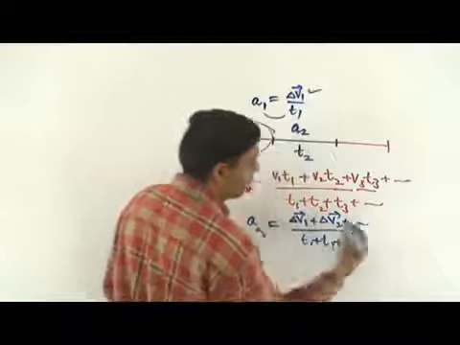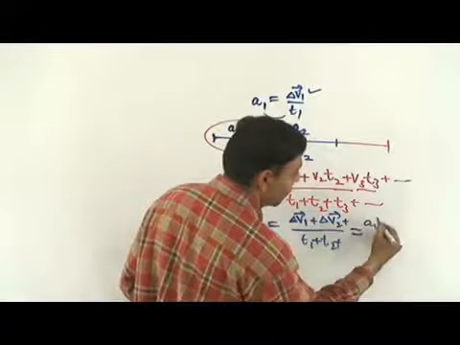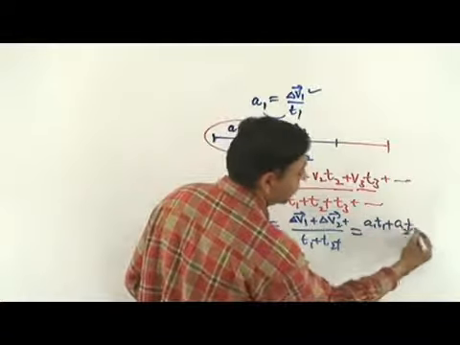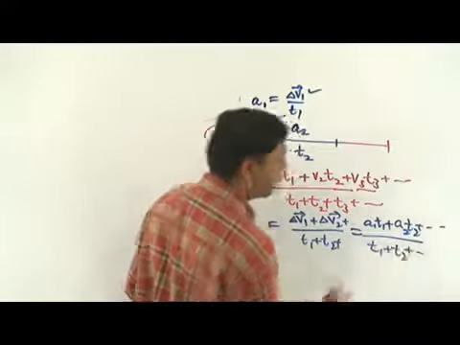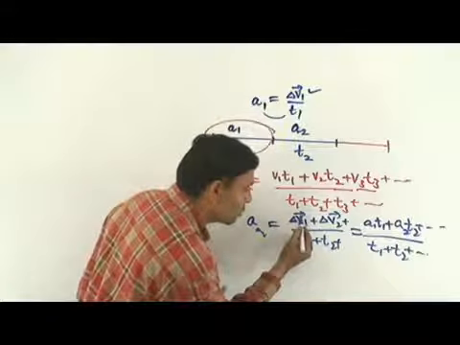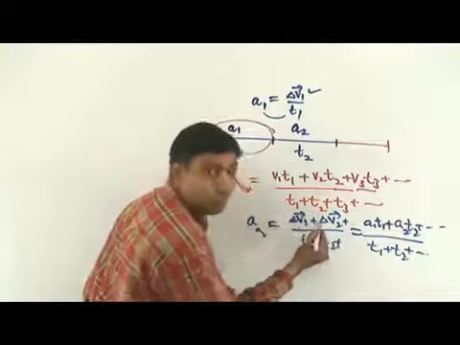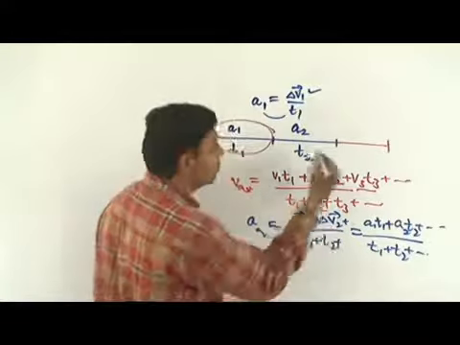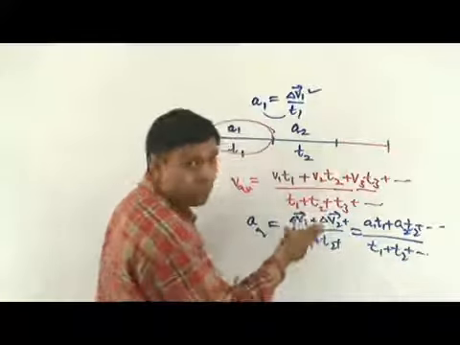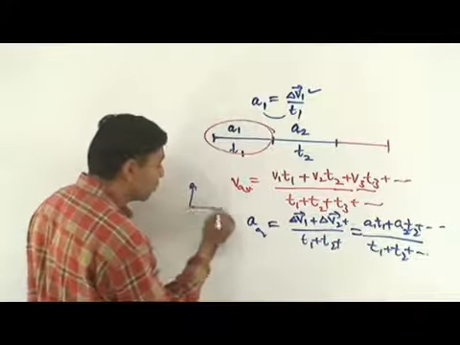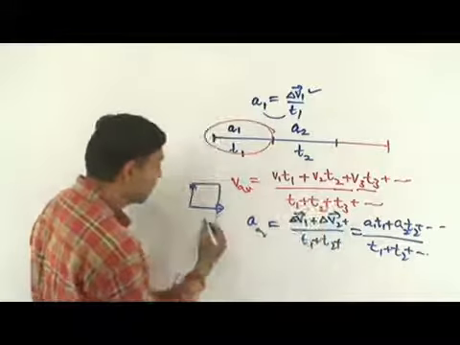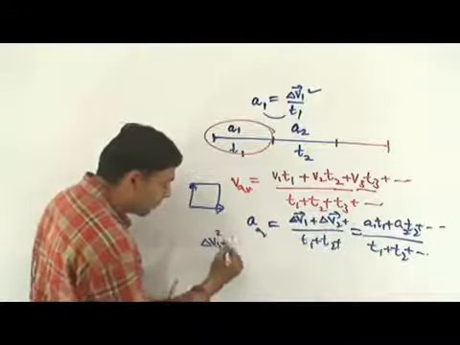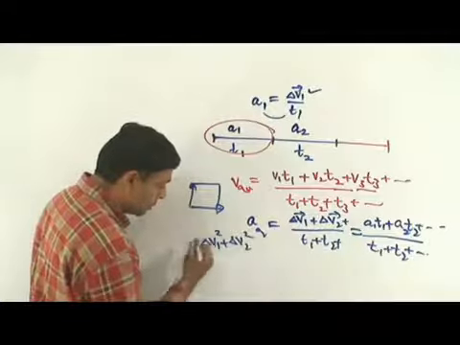That is a1 t1. So safely I can write down here a1 t1 plus a2 t2 and so on by total time t1 plus t2 and so on. Mind you, the numerator is a vector here, change in velocity. You need to add as if they are vectors, using laws of vectors. Even if they are in different directions, you can add them. Say if delta v1 and delta v2 are in mutually perpendicular directions, the magnitude of this is going to be under root delta v1 squared plus delta v2 squared, right? Something like this. Is that clear?